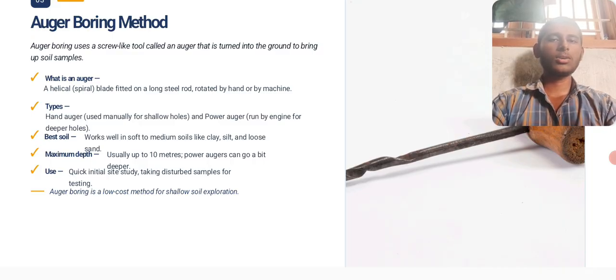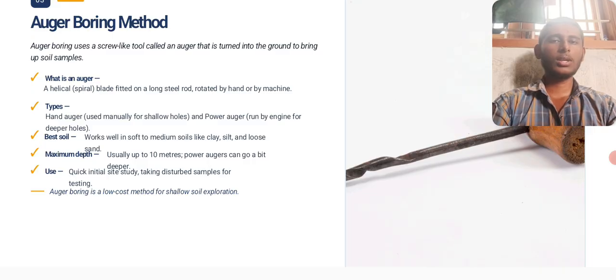Types: hand auger and mechanical power auger. This auger is suitable for soft soils, silt and loose soils. Maximum depth is usually up to 10 meters. Power augers can go a bit deeper. Uses: a quick initial site study, taking disturbed soil for testing.